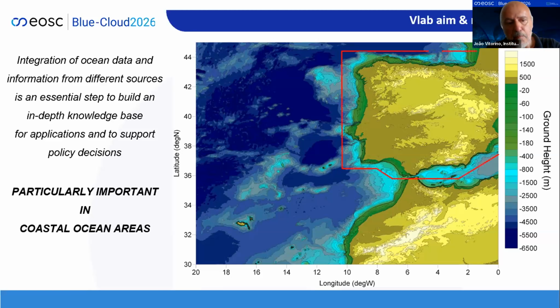And this is particularly important in coastal ocean areas. I've put here roughly the coastal ocean area for the Iberian margin. And so this area between the coasts and the transition to deep ocean, roughly covering the continental shelf and the upper continental slopes.